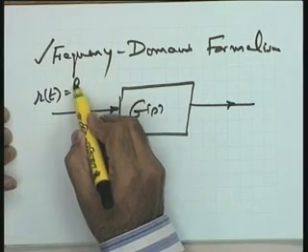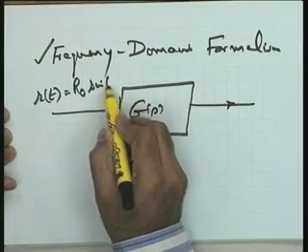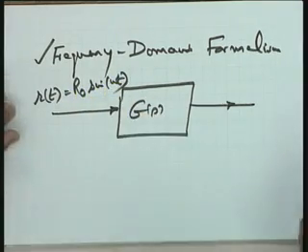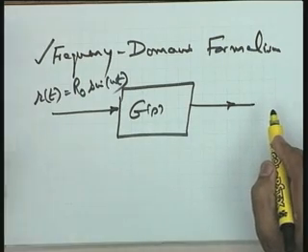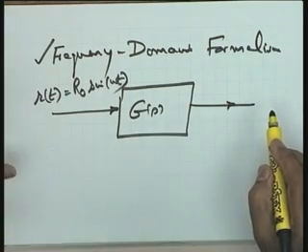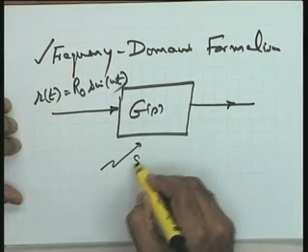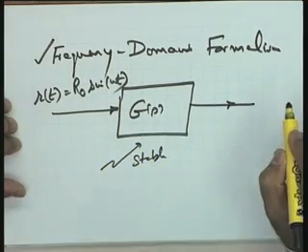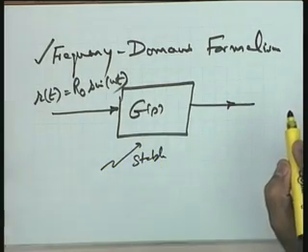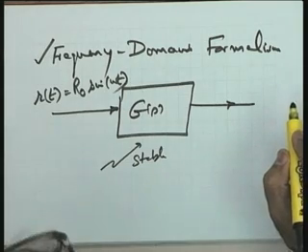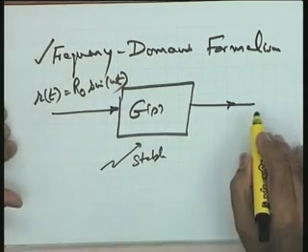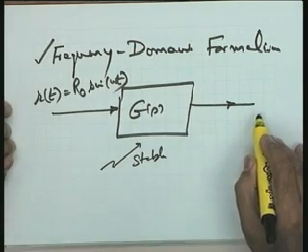Let us say r(t) is equal to R naught sine omega t. This is the input. Now the output, as is known, will have the transient as well as the steady state component. If I consider this system to be a stable system, in that particular case the transient components will definitely die out with time. So it means we will be left with only the steady state component.